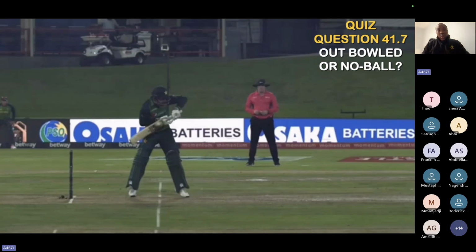So only if both deliveries are directed at the striker and are above waist height with the striker standing upright at the crease will we remove the bowler from the bowling attack.